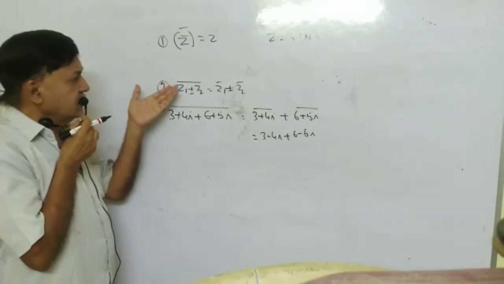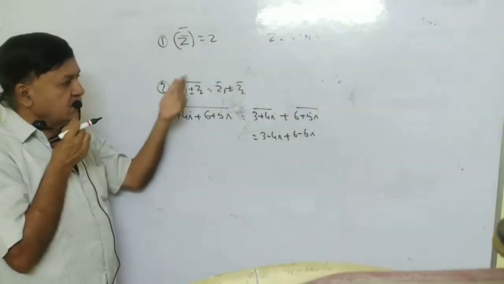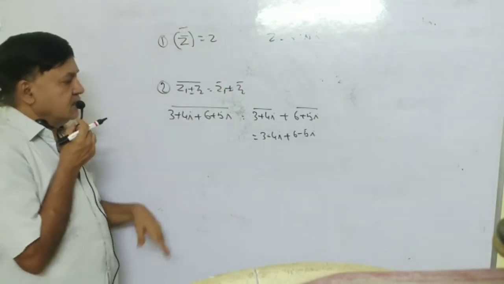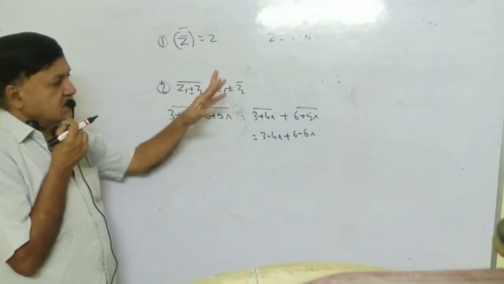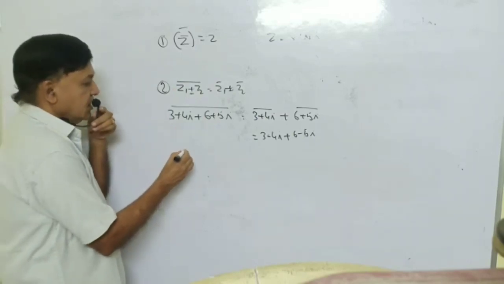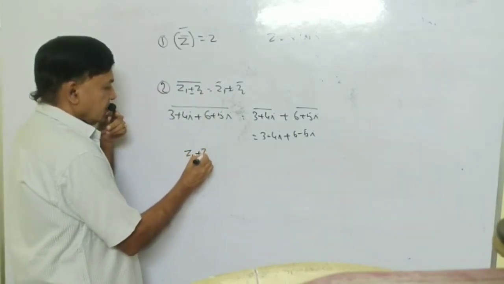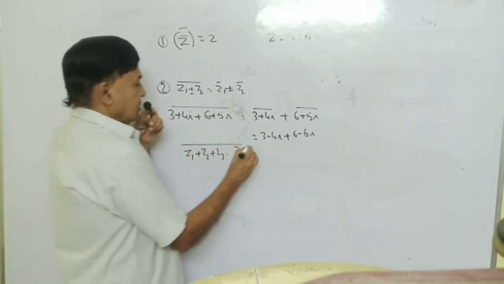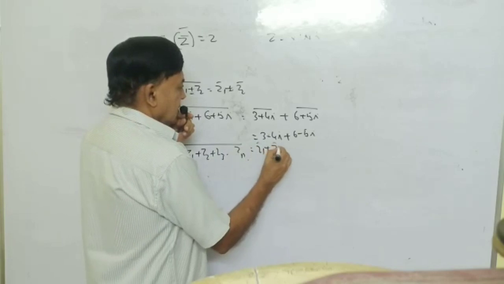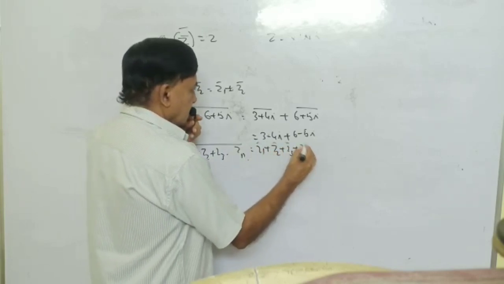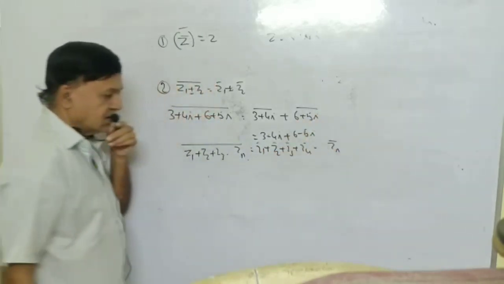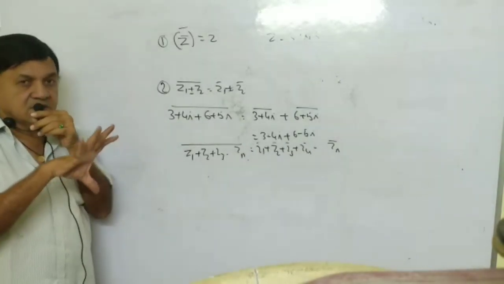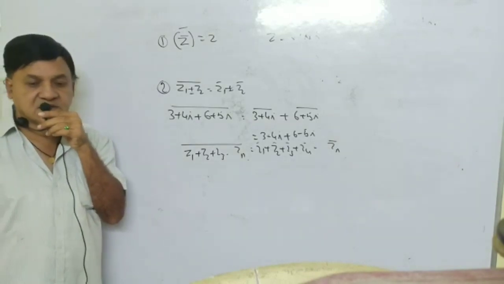So conjugate of a sum is the sum of their conjugates. You can extend this property like this: (z1 plus z2 plus z3 up to zn) whole bar is equal to z1 bar plus z2 bar plus z3 bar up to zn bar.